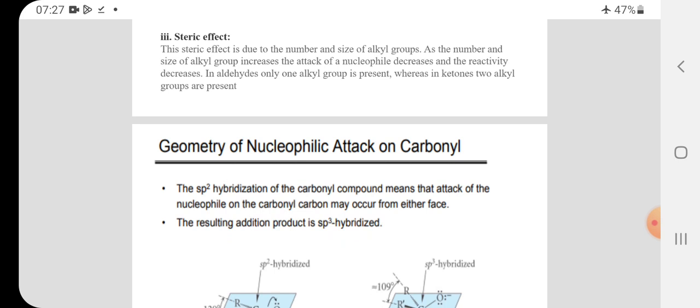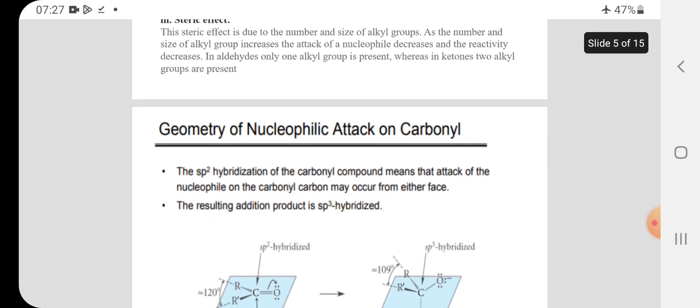Therefore, a molecule with high steric hindrance is less reactive in nucleophilic addition reactions of carbonyl compounds. In aldehydes, only one alkyl group is present, whereas ketones have two alkyl groups. Generally, aldehydes are more reactive compared with ketones.